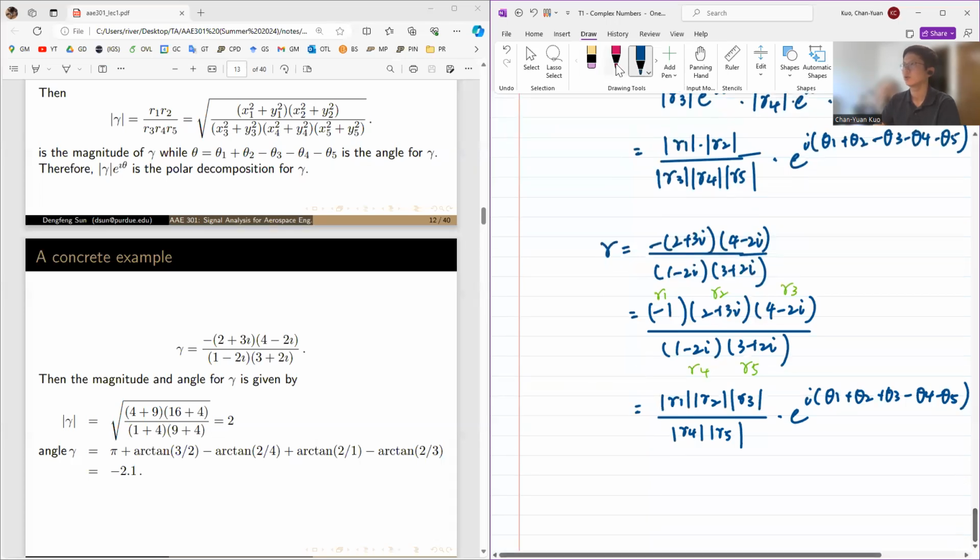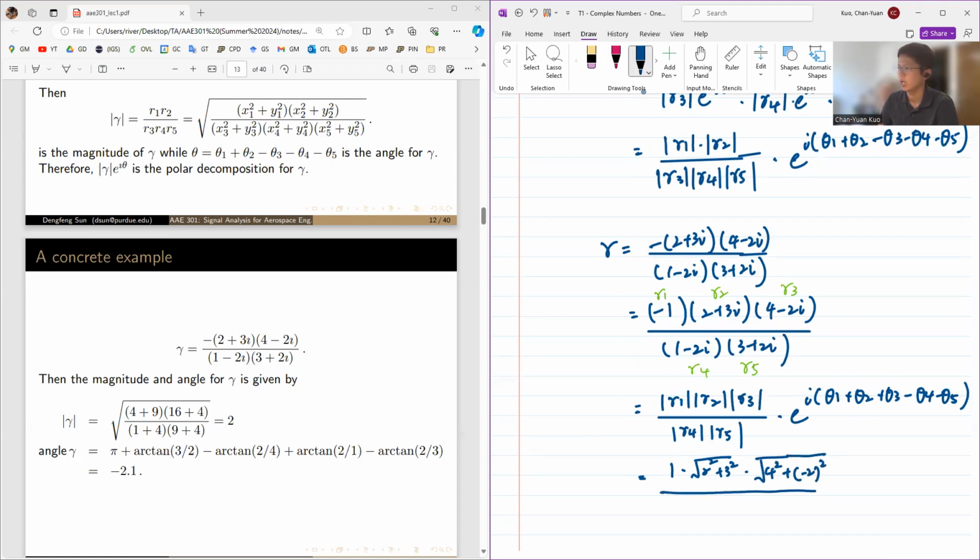So for this part, for the magnitude part, let's see what it will be. The magnitude of gamma 1 is 1. The magnitude of gamma 2 is square root of 2 squared plus 3 squared. And the magnitude of gamma 3 is the square root of 4 squared plus negative 2 squared.